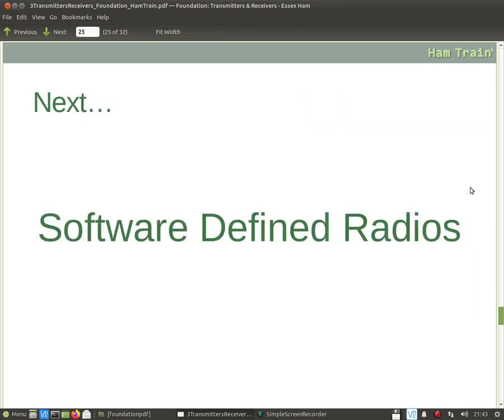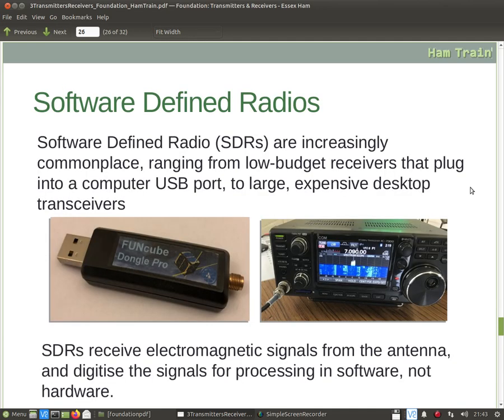Next, we're going to discuss software-defined radios. Software-defined radios are increasingly commonplace, ranging from low-budget receivers that plug into a computer's USB port to large, expensive desktop transceivers. SDRs receive electromagnetic signals from the antenna and digitize the signal for processing in software, not hardware.